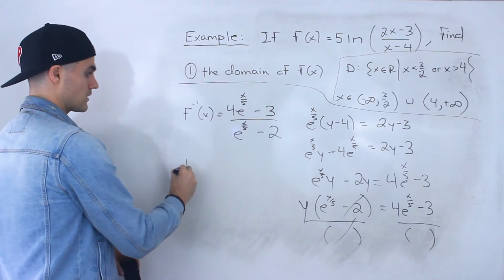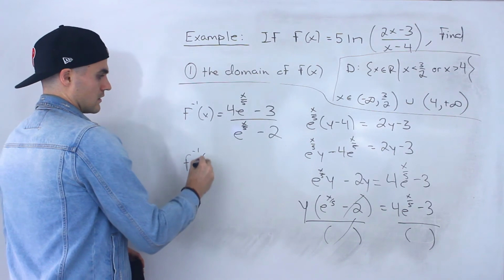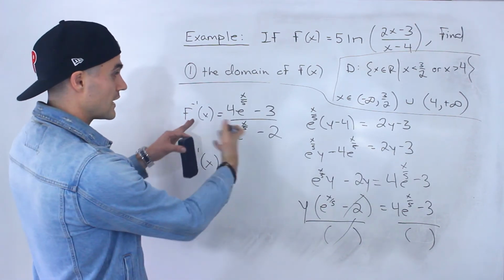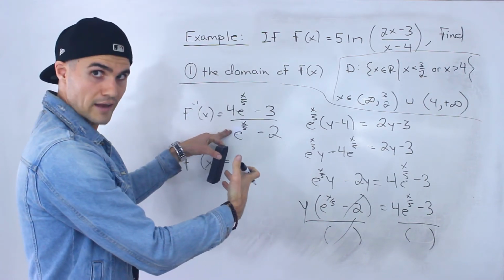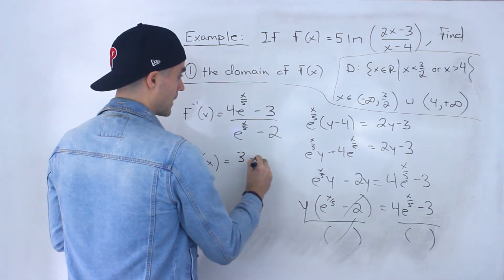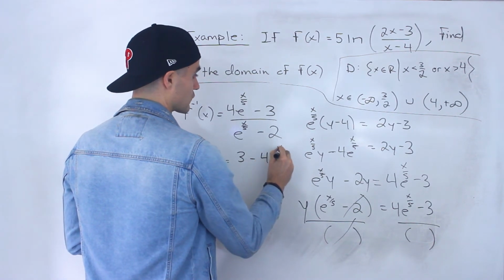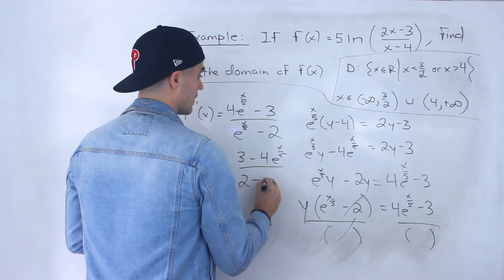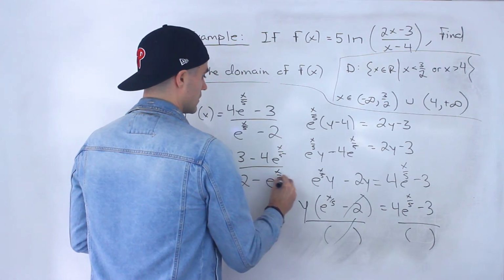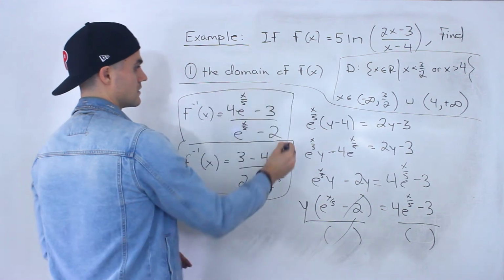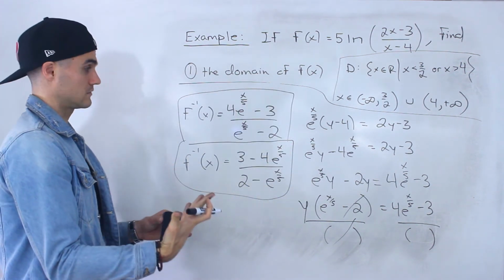Another way this could be written, got to be careful of this in multiple choice, maybe they'll give different formats. We could factor out a negative from the numerator and from the denominator, the negatives would cancel out, and we would end up with 3 minus 4e to the x over 5. Basically, all the signs would change, right? So that's another potential. So you've got to be careful. Like this and this are the exact same thing, right?